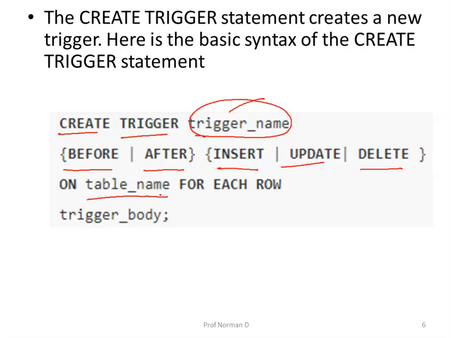Finally, specify the statements to execute when the trigger activates. If you want to execute multiple statements, you can make use of the begin and the end compound statements. So if it is multiple statements, the trigger body can be specified using the begin and the end statements ending with a semicolon.